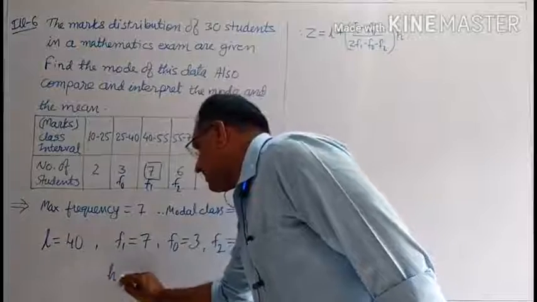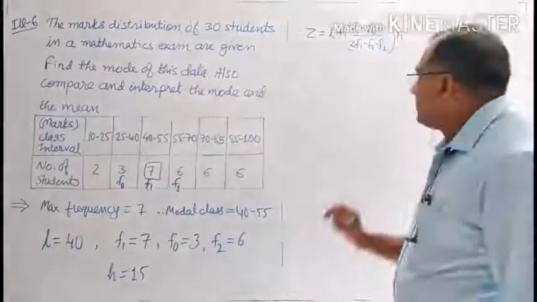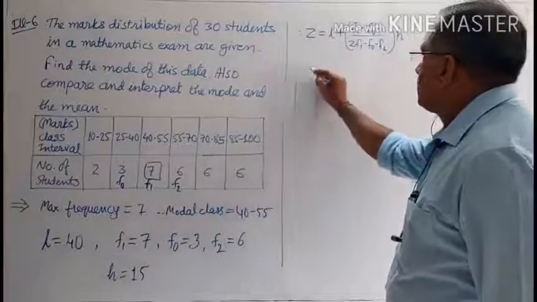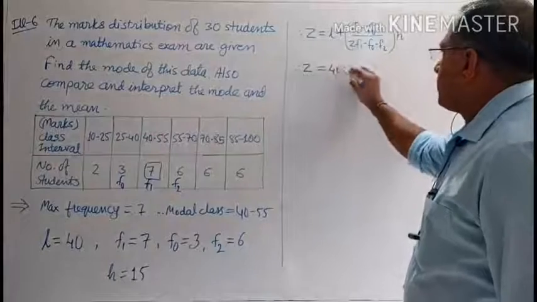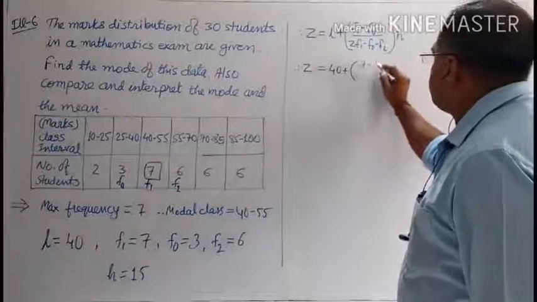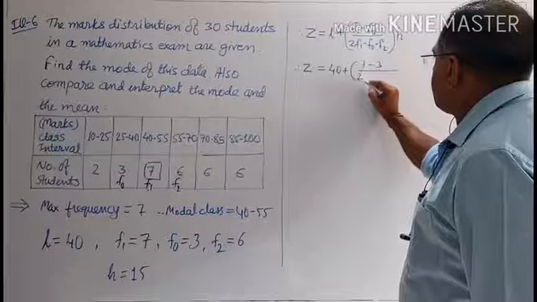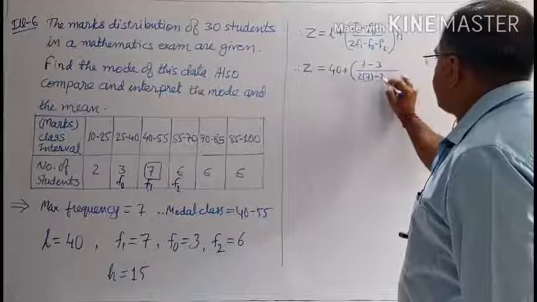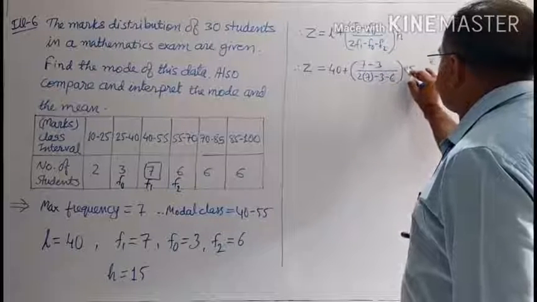So the class width is 15. Therefore the mode is equal to L, which is 40, plus in brackets F1, which is 7, minus F0, which is 3, divided by 2 times 7 minus 3 minus 6, multiplied by 15.